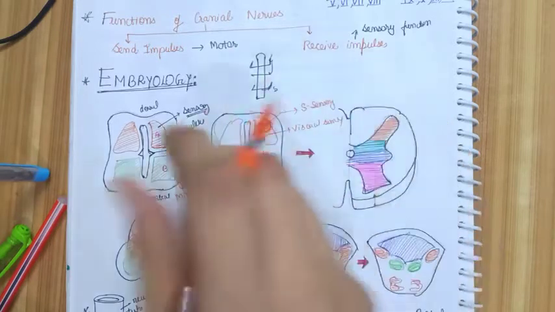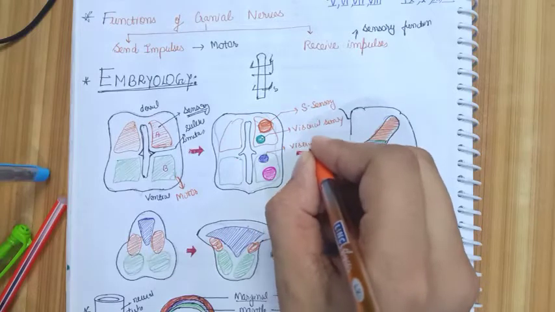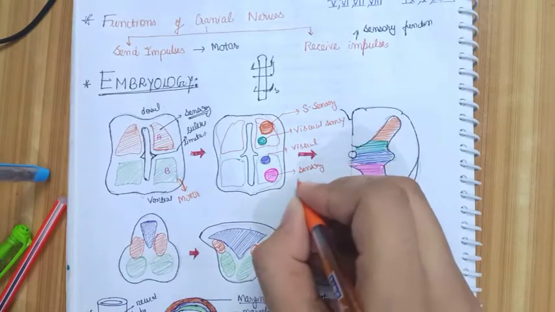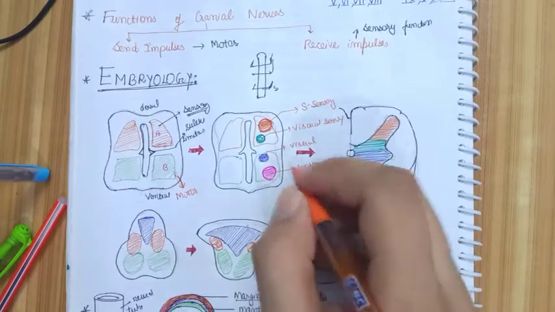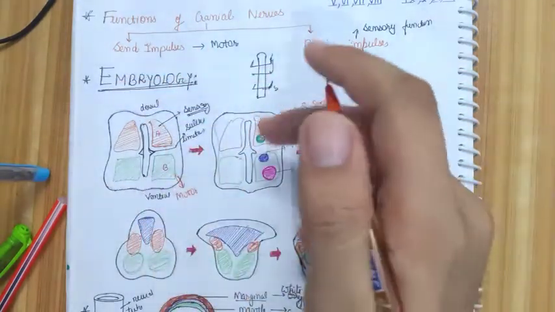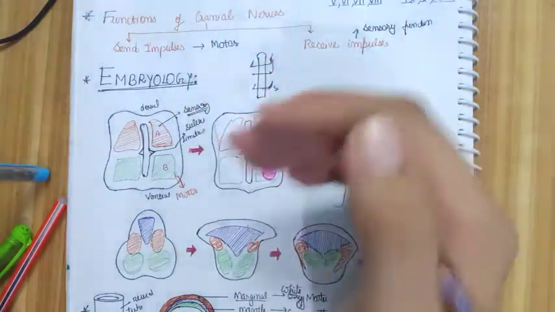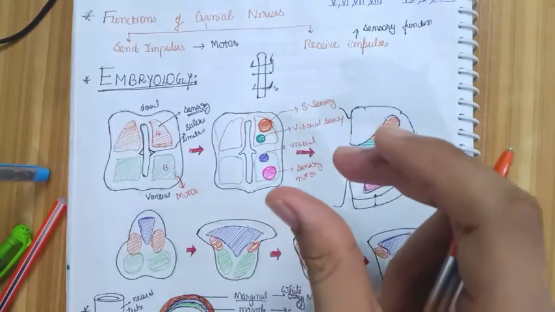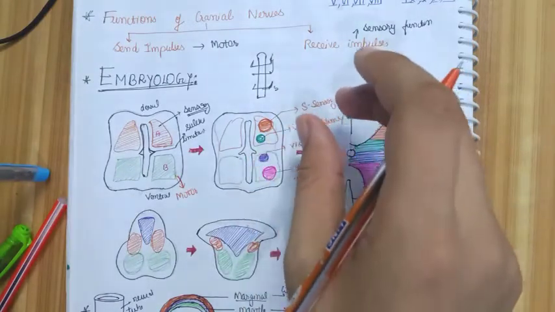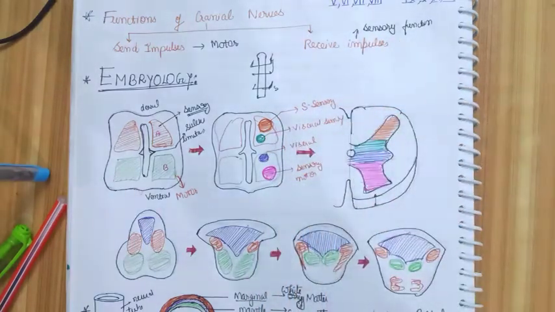And the same in the case of the motor part, we have visceral motor and somatic motor. Now you can see the orientation of the sensory and the motor part. In the case of the spinal cord, the sensory part is located dorsally and the motor part is located ventrally. In the motor part we have somatic motor and visceral motor, and in the sensory part we have somatic sensory and visceral sensory.